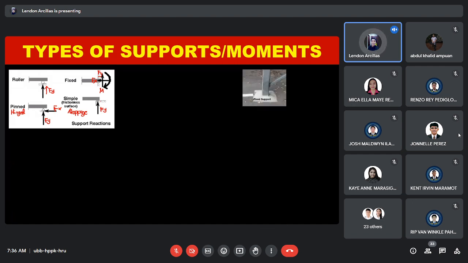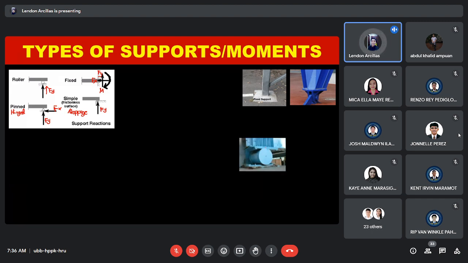So, ito yung example ng fixed support sa ating real-life setting. Ito yung fixed support. Ito yung hinge or rollers, hinge or pinned. So, makikita nyo din siya sa ating mga doors. That is why it is called hinge. So, dalawa yung sinusuportahan nito, the F of X and F of Y. Forces sa X and forces sa Y. Next is yung ating roller.